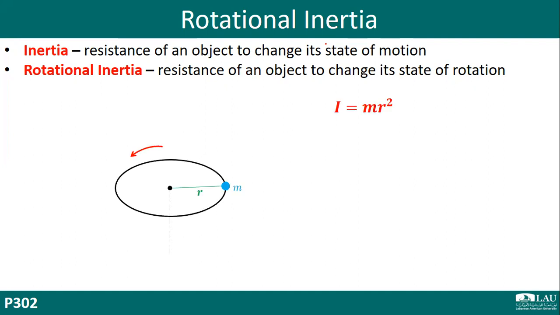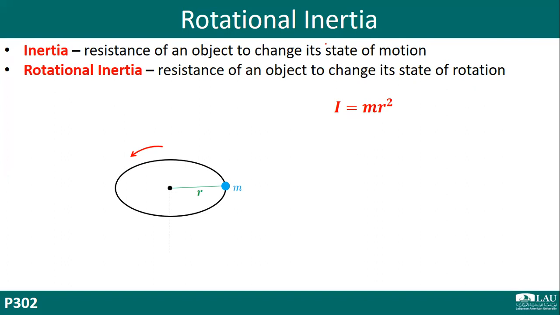So basically, it's a property of any object which can be rotating. It's a scalar value which tells us how difficult it is to change the rotational velocity of an object around a given rotational axis, as you can see here.